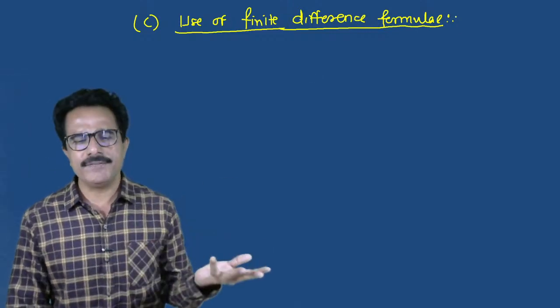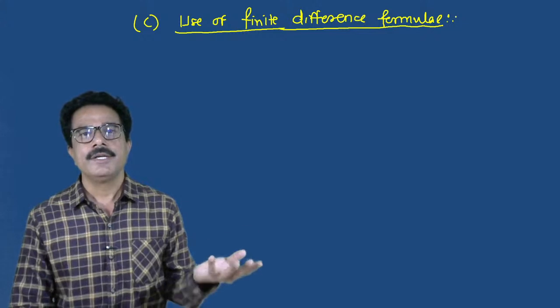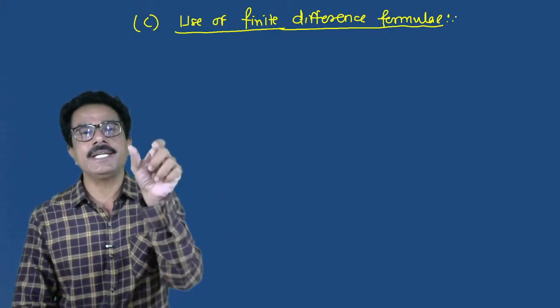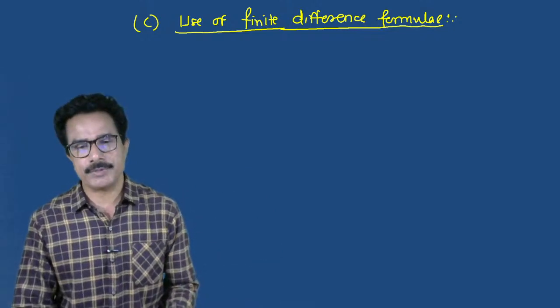That means there are different interpolation formulae. We can find the intermediate term by using the different interpolation formulae.